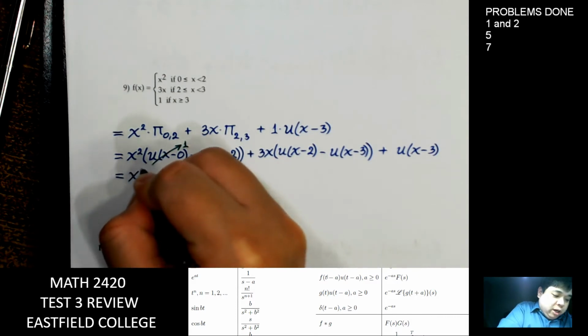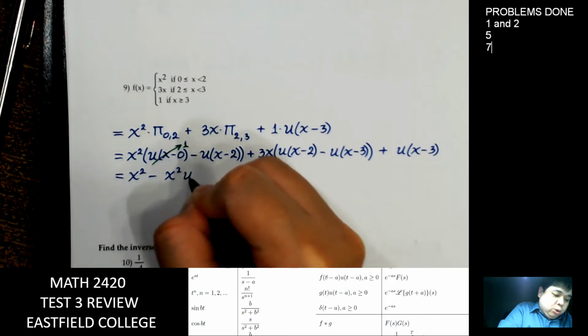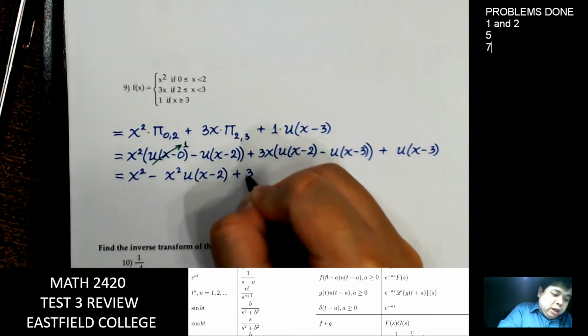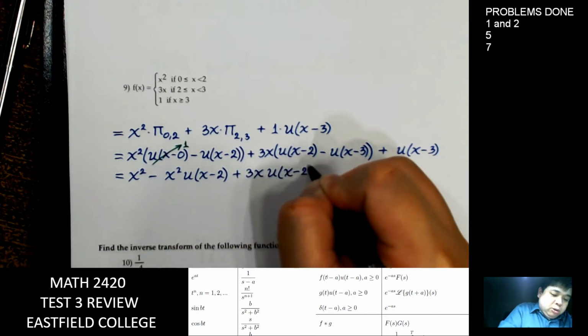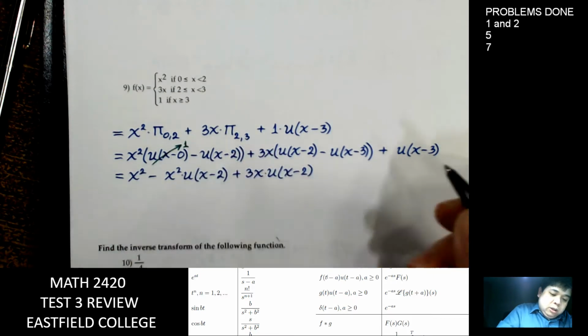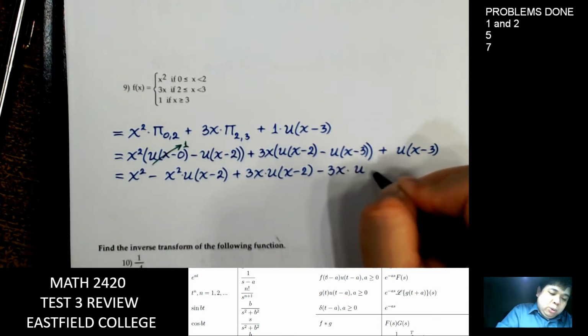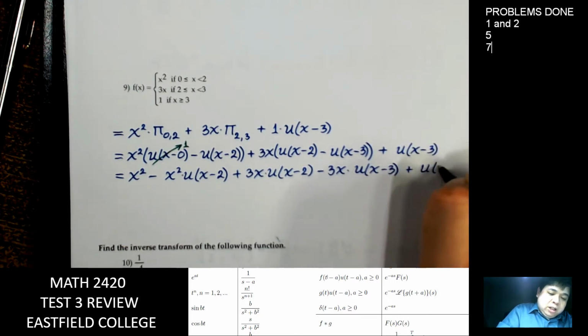So you have x squared minus x squared u of x minus 2 plus 3x u of x minus 2 minus 3x u of x minus 3 plus u of x minus 3.